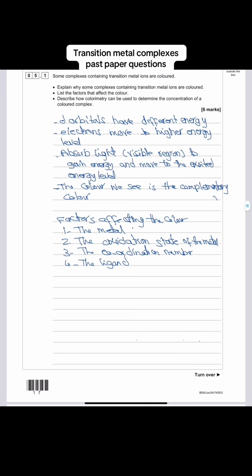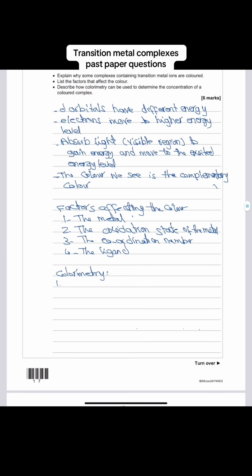And finally, they want you to describe how colorimetry can be used. So how do we use colorimetry to determine the concentration of an unknown sample? The first stage is to measure the absorbance of a range of known concentrations of the colored complex.